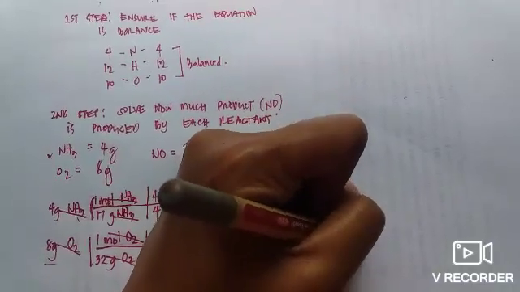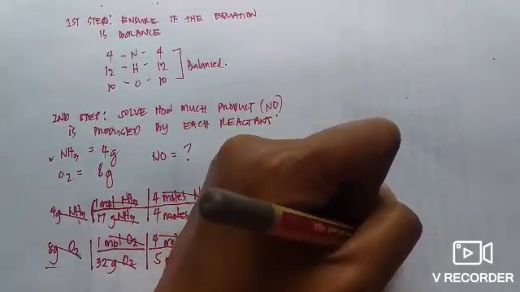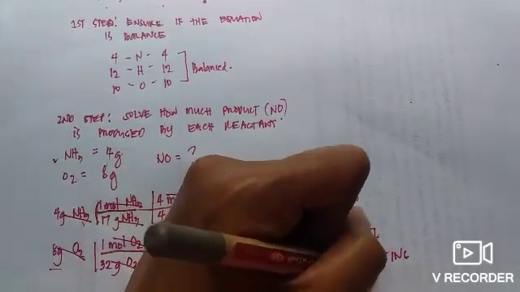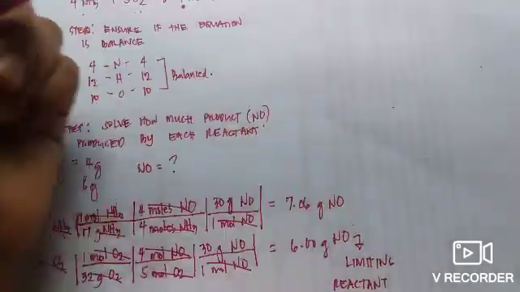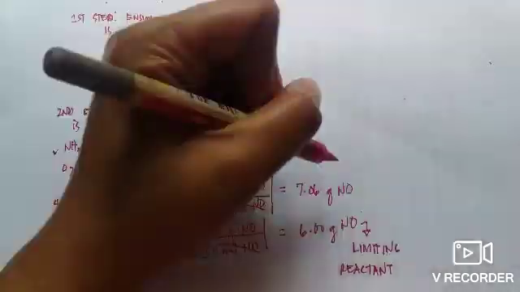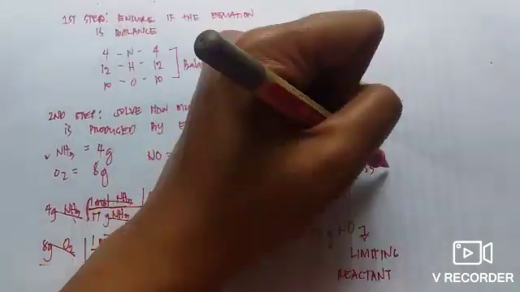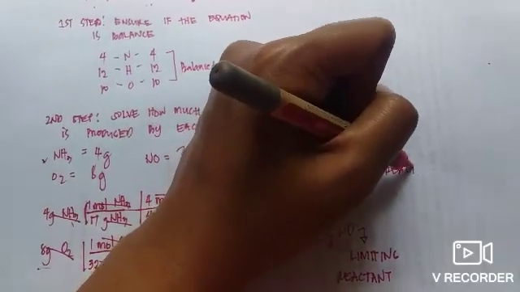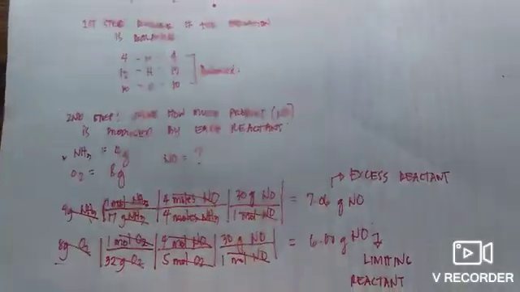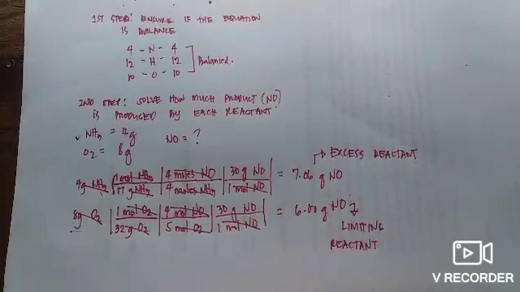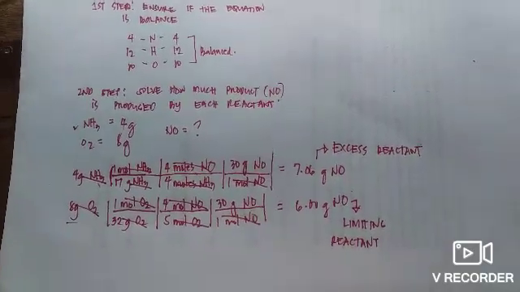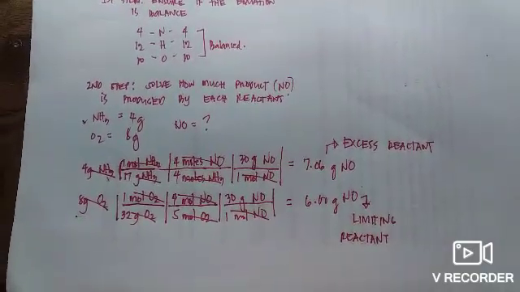So this is the limiting reactant, and ammonia is the excess reactant. So kung alin ang mababa, yun ang limiting reactant, at kung alin ang mataas, yun ang excess reactant.